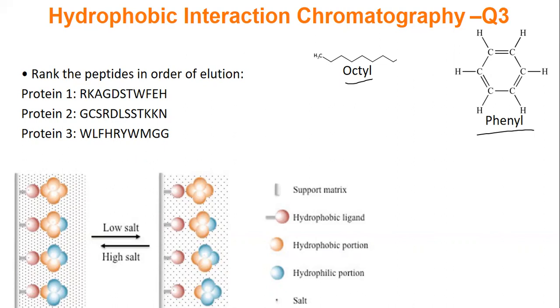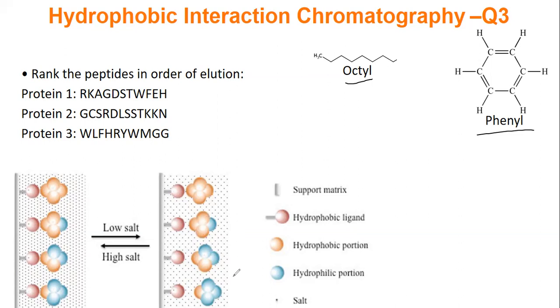And under high salt conditions, proteins stick to the column. And then when you lower the salt, only very strong hydrophobic amino acids or proteins stick.